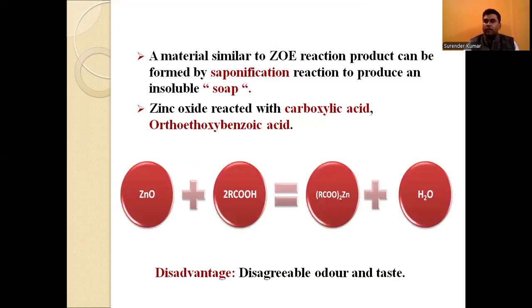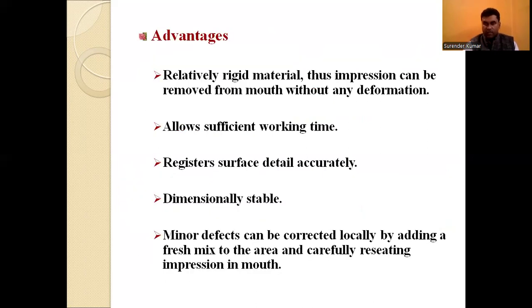A material similar to zinc oxide eugenol can be formed by a saponification reaction producing an insoluble soap. In this case, zinc oxide is reacted with a carboxylic acid and water. The disadvantage of this is again a disagreeable odor and taste. Advantages: it is a relatively rigid material, so the impression can be removed from the mouth without any deformation.